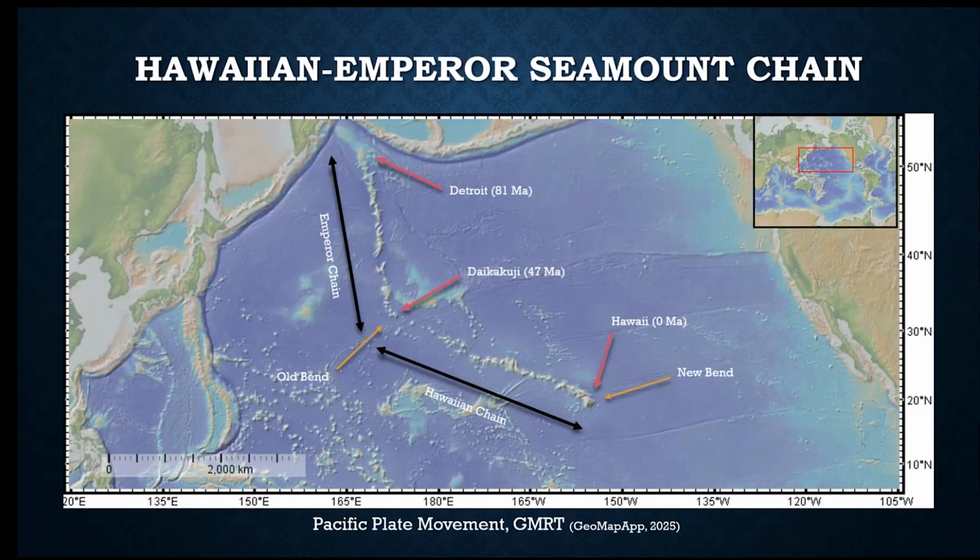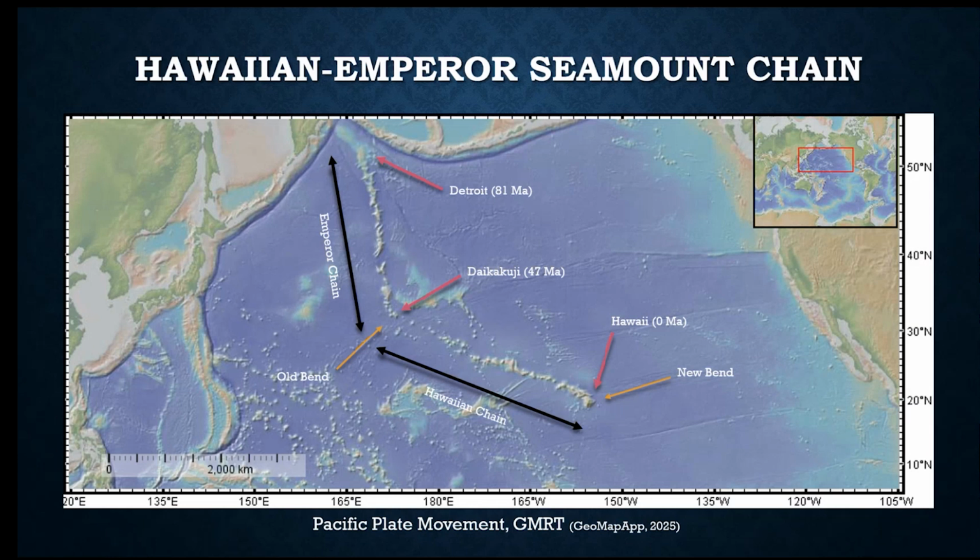All right, so here I used the GeoMap app to generate the location of the Hawaiian Emperor Seamount Chain. This map clearly highlights the infamous Hawaiian Emperor Bend, which is a major change in the direction of the Seamount Chain. While the Pacific Plate has undeniably moved over time, the critical question is whether plate motion alone accounts for this bend or if the hotspot itself has also migrated.